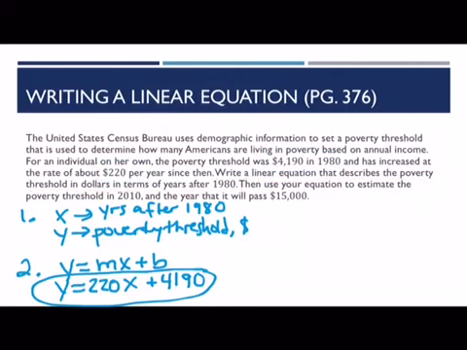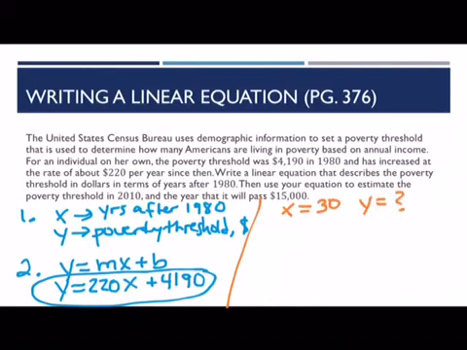So now let's use the equation to answer the two questions. Estimate the poverty threshold in 2010. That's a year, so I need to find the x that matches that. In 2010, that would be 30 years after 1980. And then I'm supposed to find the poverty threshold in that year.